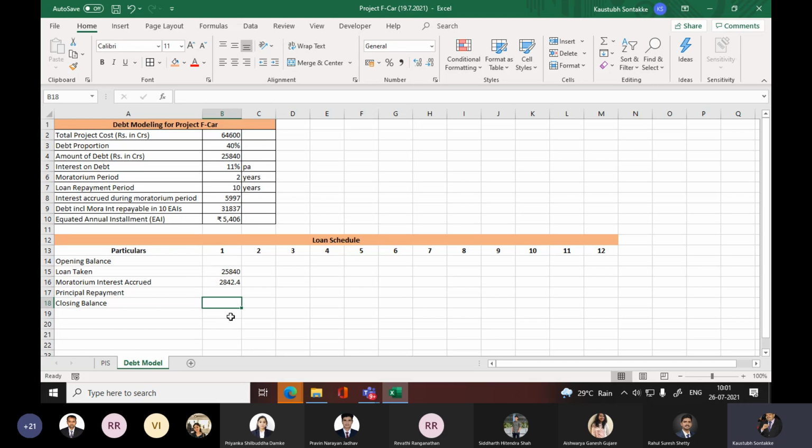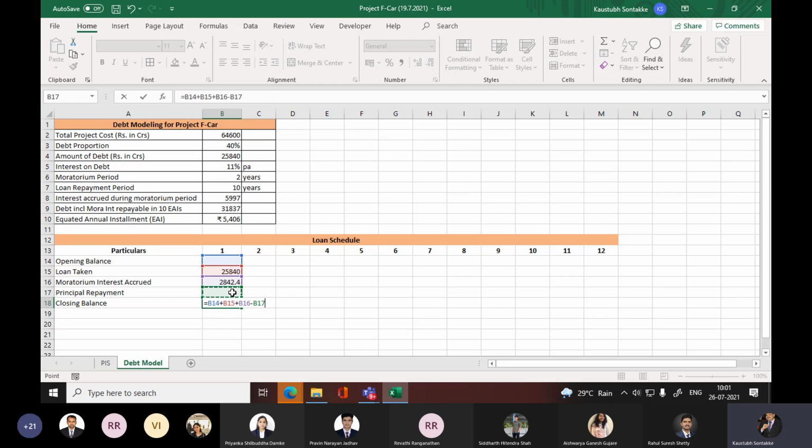So I'll write a closing balance. So you write closing balance with a formula. Say is equal to, obviously it is equal to opening balance. I'm giving in that year only opening balance plus loan taken plus moratorium interest minus principal repayment.